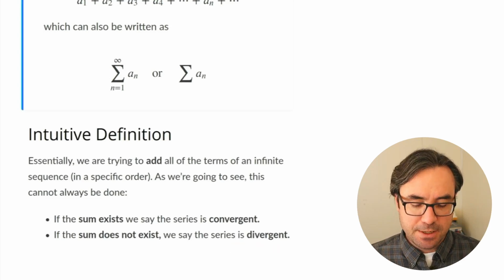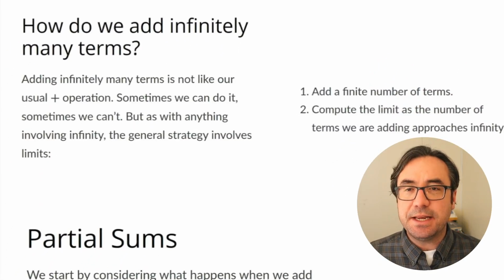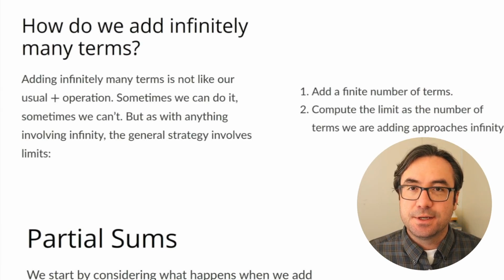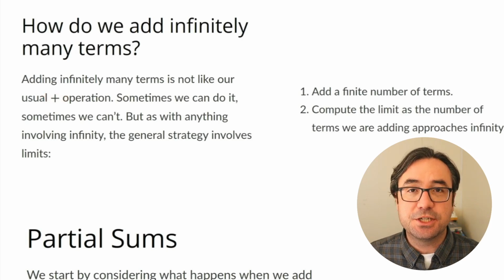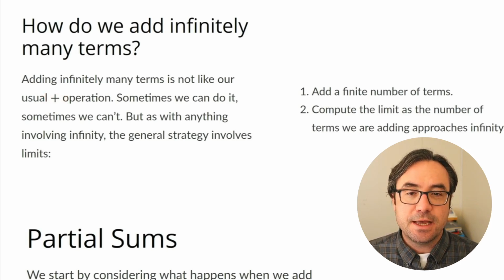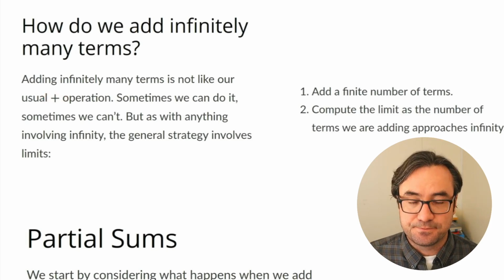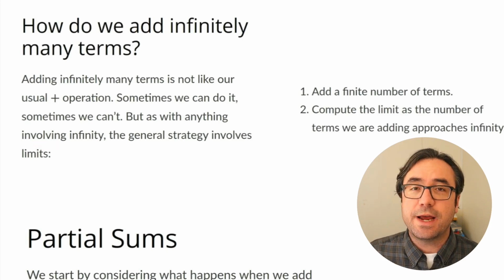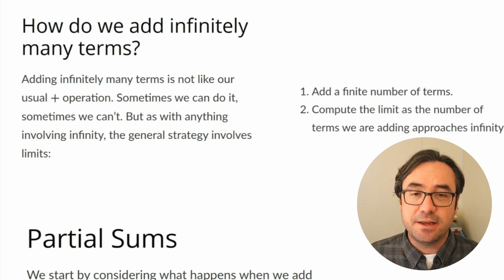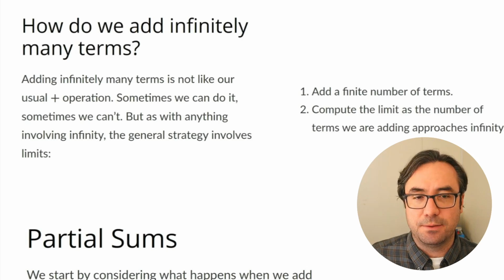Okay. So how are we going to do this? How do we add infinitely many terms together? Our regular addition operation is only for adding a finite number of things. And so our usual strategy for dealing with infinity is to convert it into a limit problem.